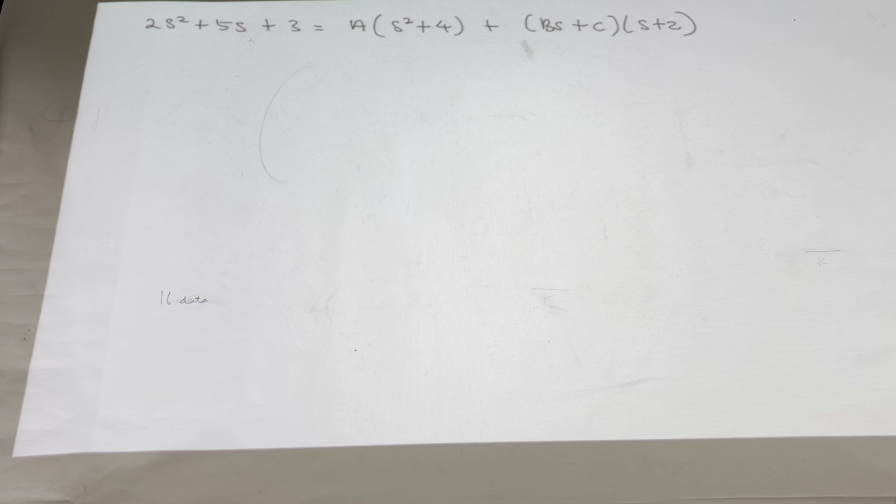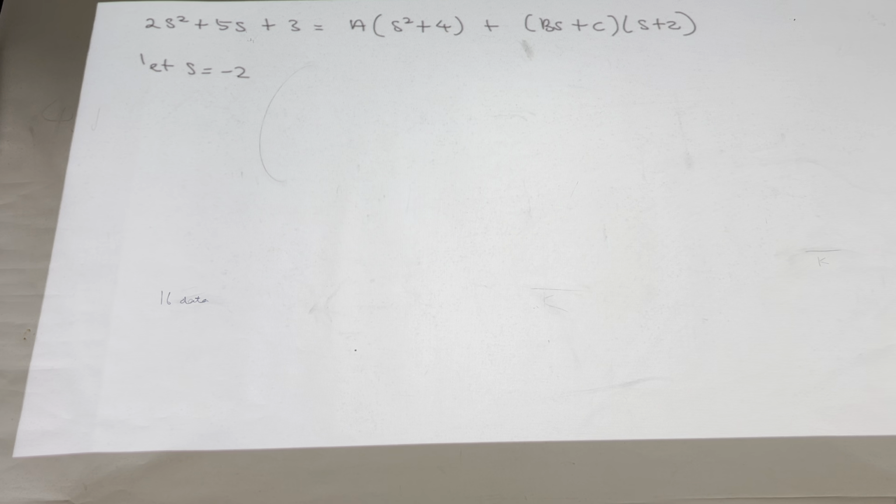Now we want to solve for A, B and C. This one we cannot simply solve like the previous example. So we just choose whatever value of s that gives us the smallest value for this one. First one we can solve for A by letting s equal to minus 2. So if we put s equal to minus 2, then B and C will equal to 0.